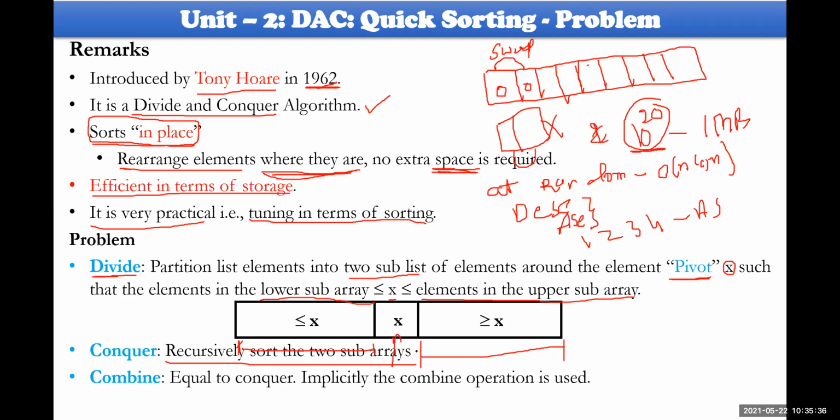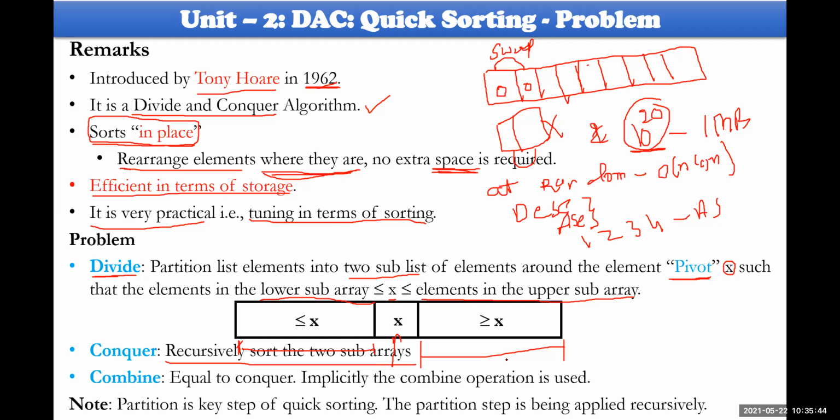So therefore, combine and conquer are both part of the actual process, and combine is implicitly a single operation. So while writing this quicksort algorithm, the partition function is very important. If you learn this partition step in a proper way, it is very easy to understand.